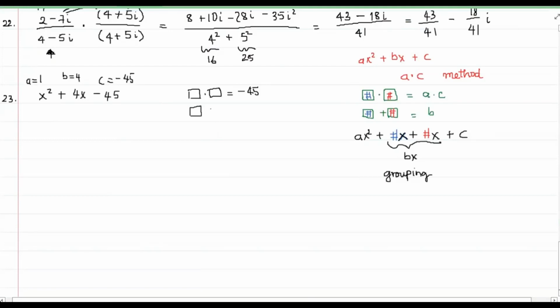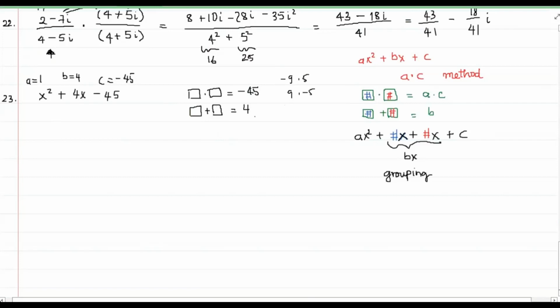Now find the two numbers that add up to 4 as well. So thinking about 9 and 5, we will have negative 9 times 5, or 9 times negative 5, make it negative 45.